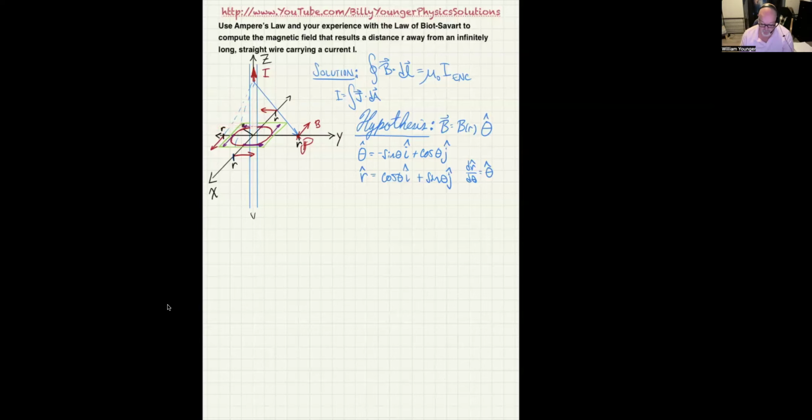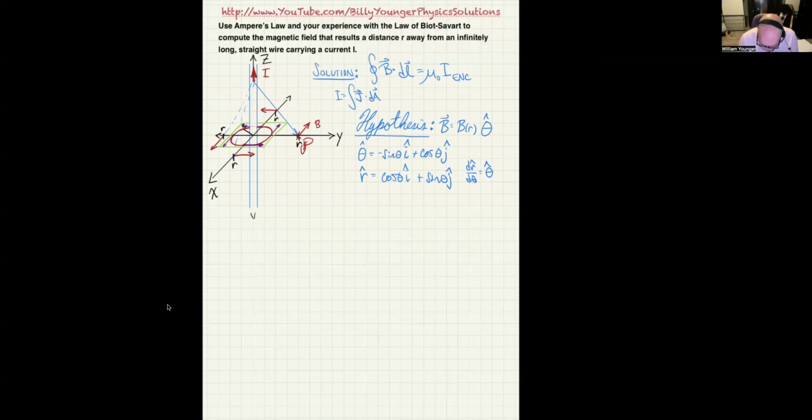So with those three tests, you probably are confident that I am correct about calling theta hat negative sine theta i hat plus cosine theta j hat, and more specifically saying the magnetic field strength is only a function of r, the horizontal or perpendicular distance from the wire to the point P, and that it points in the theta hat direction.